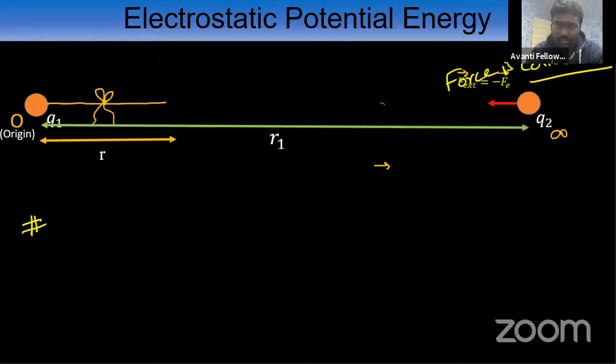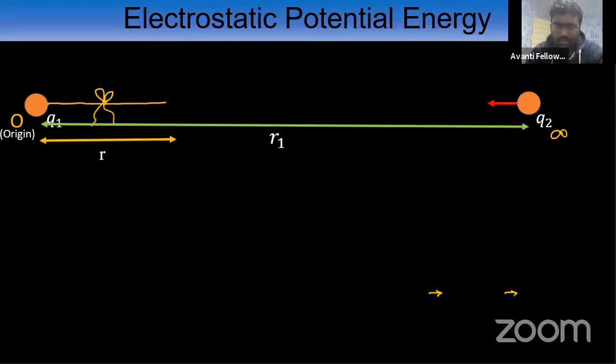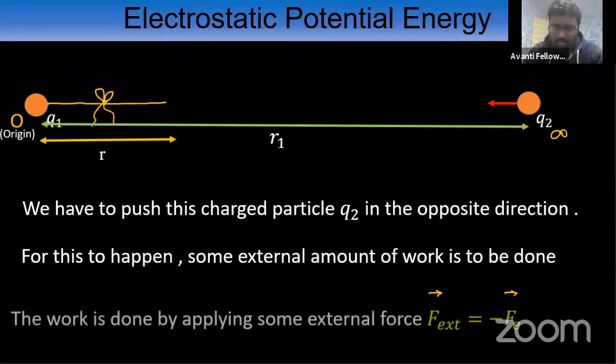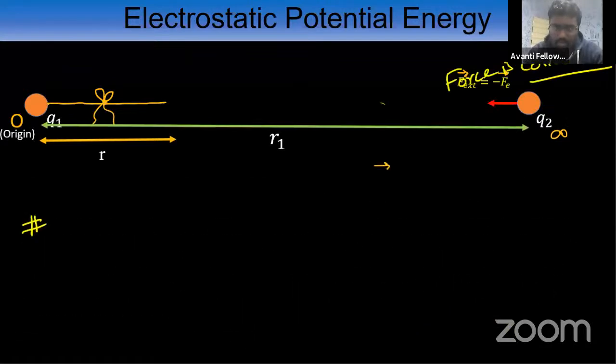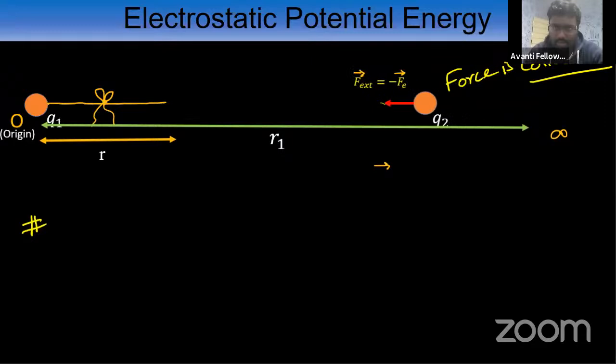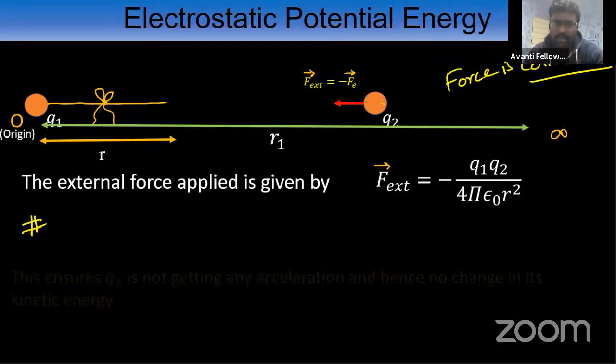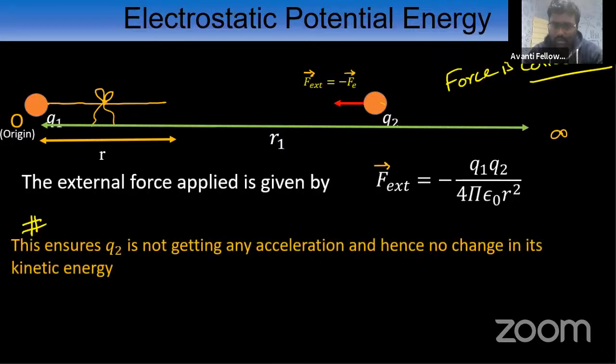See, when this was here, there was only Fe acting, and when we are trying to bring it back, we are applying the same amount of Fe to bring it back, because there is no other external force acting on it. So Q2 is not accelerating.